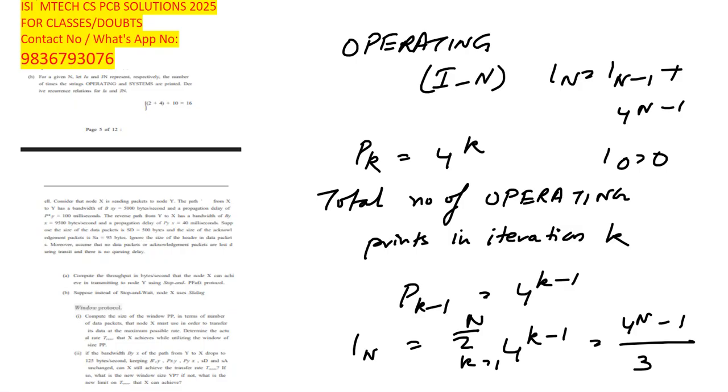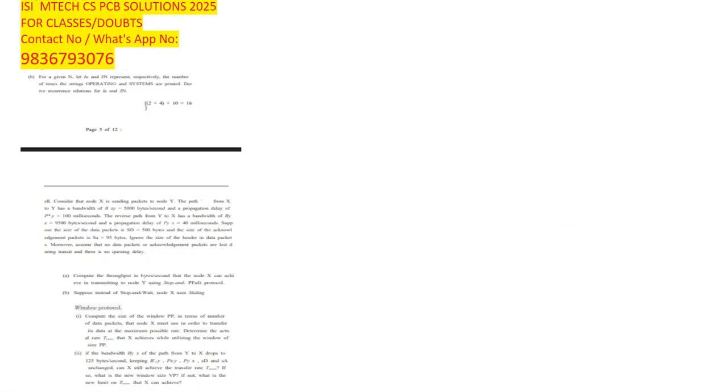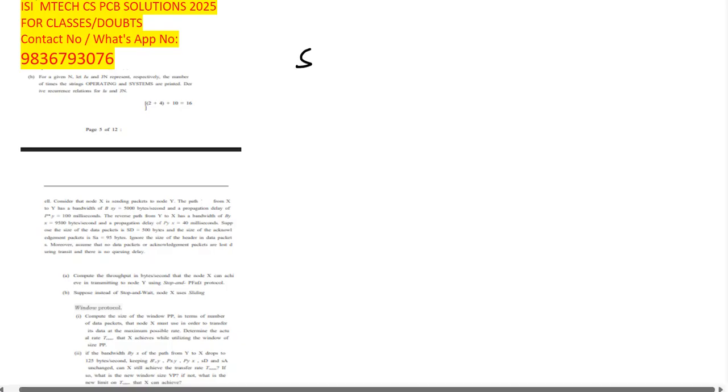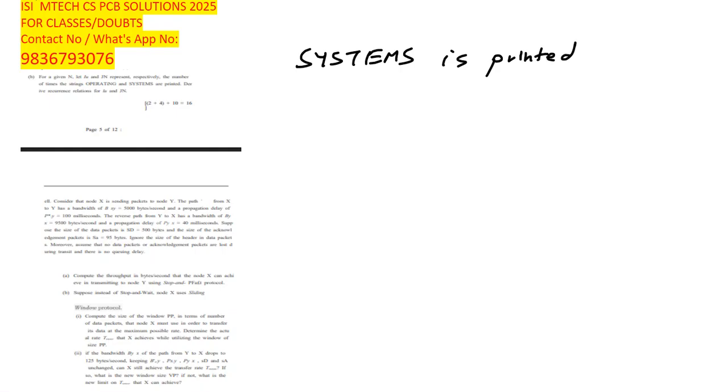So here for system jn, systems is printed once per process at the end.